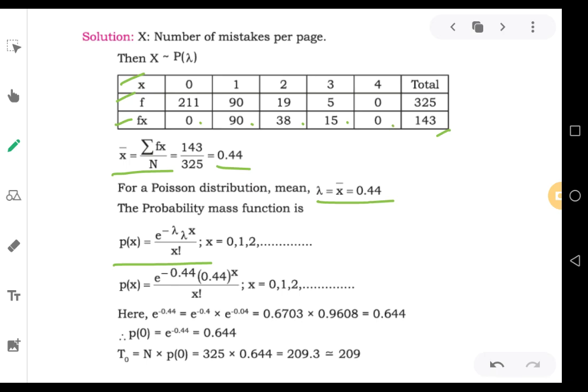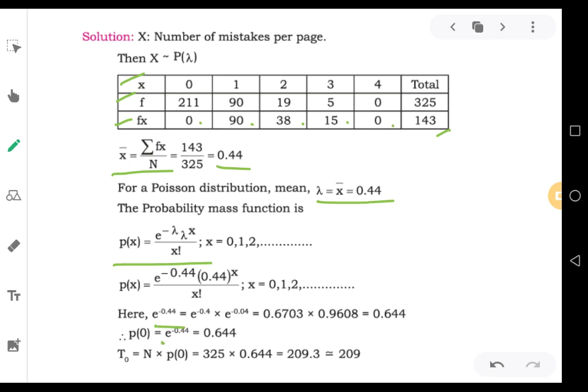So once you proceed with calculation of P0, you can just take e to the power of minus 0.44 into 0.44 to the power of x, that is 0, divided by 0 factorial, so that you will get 0.44 only.